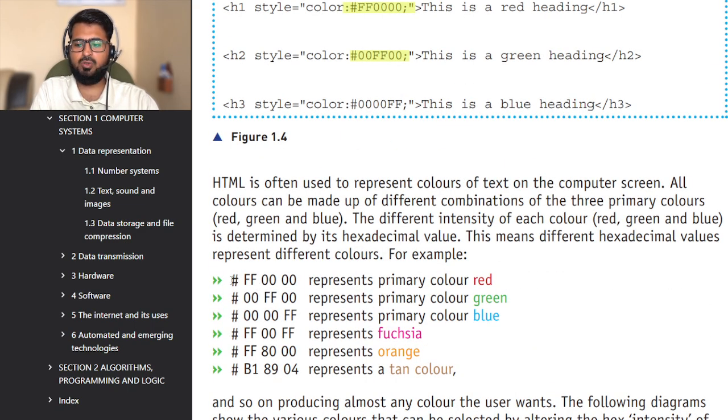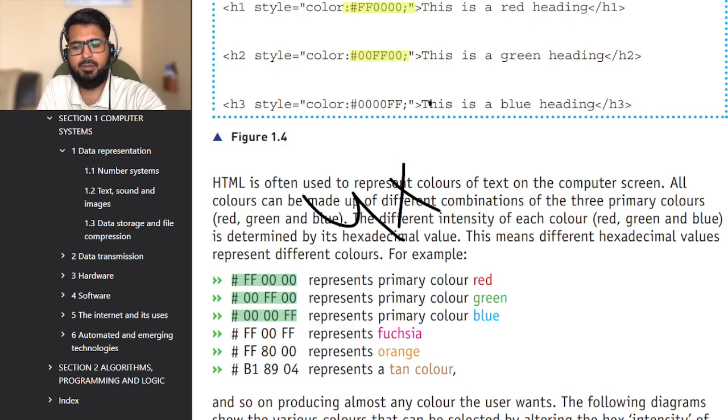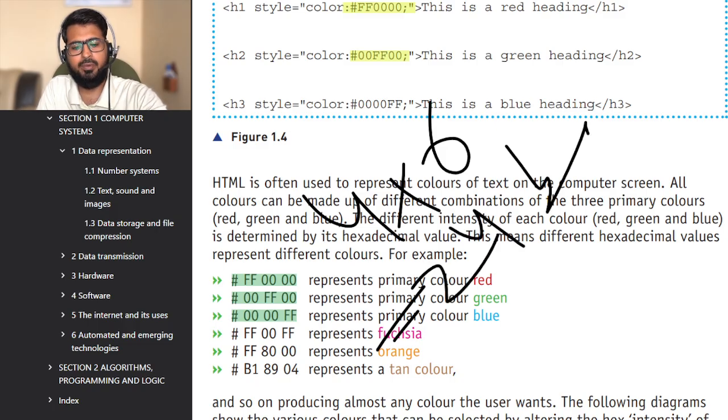And the first two digits are representing red, the second two digits were representing green, and the last two digits were representing blue. And we know that each hexa digit is equal to 4 bits. So when we multiply 4 by 6, it will give you 24 bits, right?